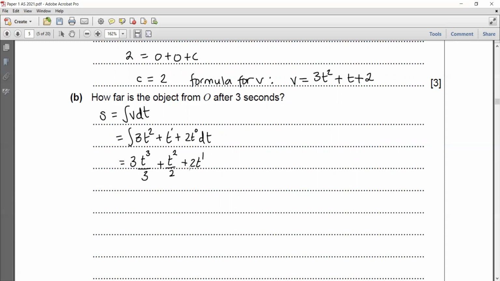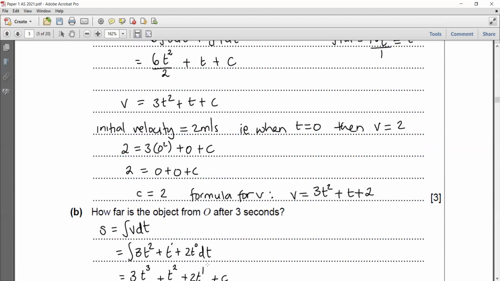And then I take this 1 and I divide by it. Then you always add a constant of integration. So my formula for the displacement, 3 divided by 3, this is t cubed. And then I have t squared over 2. And this is 2t plus c.